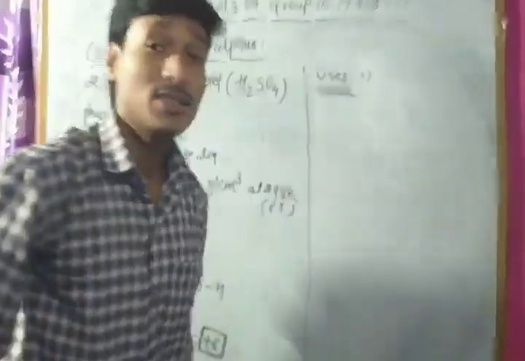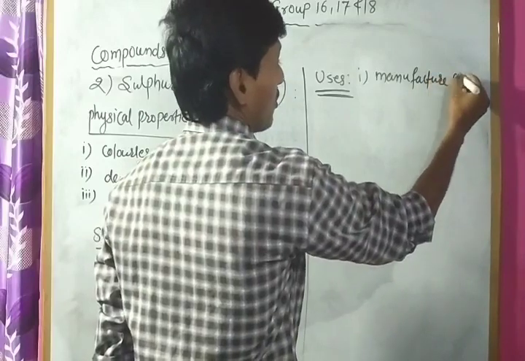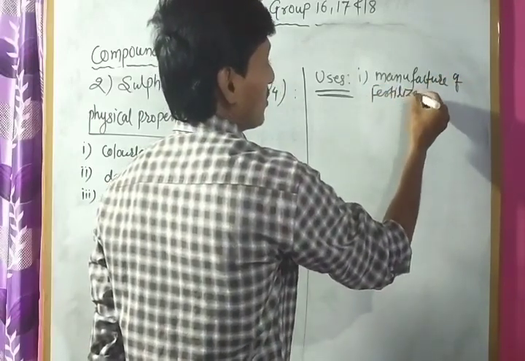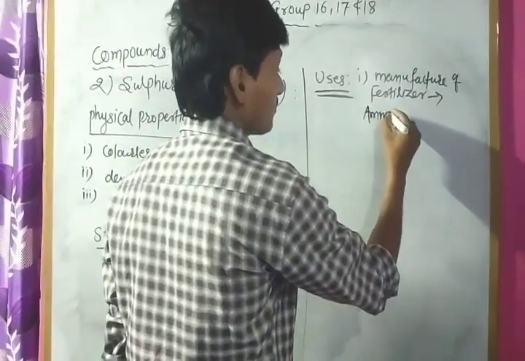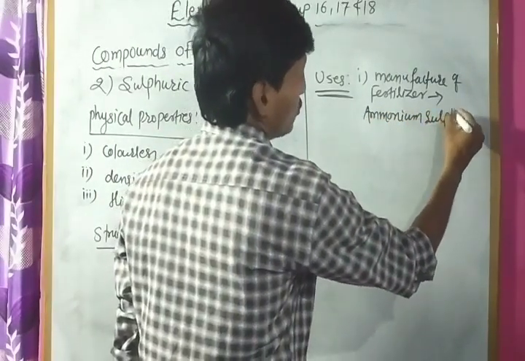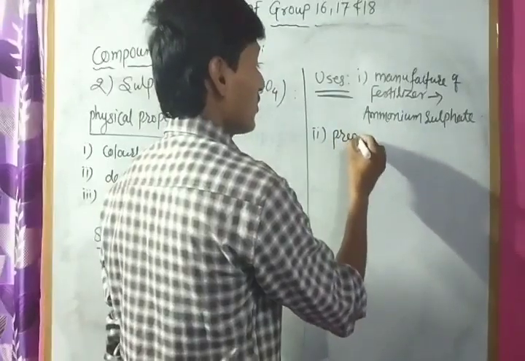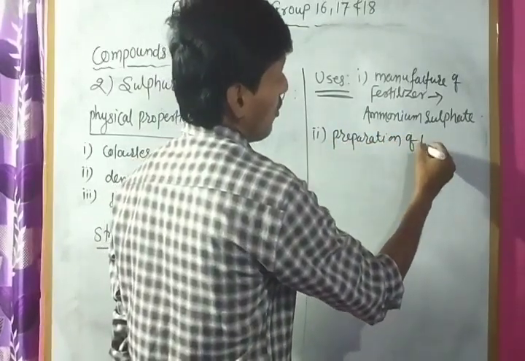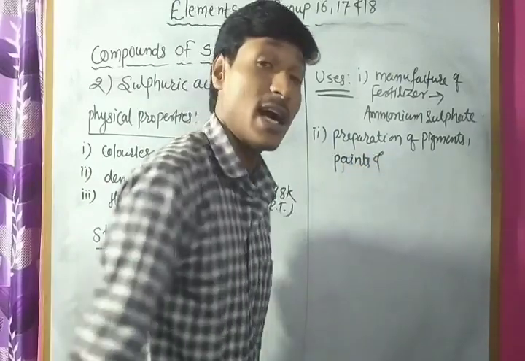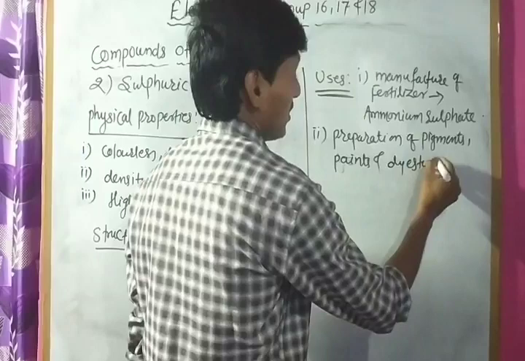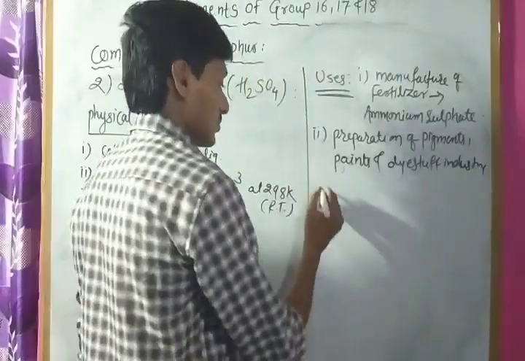First, it is used in the manufacture of fertilizers like ammonium sulfate, superphosphate, etc. Next, it is used in the preparation of pigments, paints and the dyestuff industry. It is the second use of sulfuric acid.